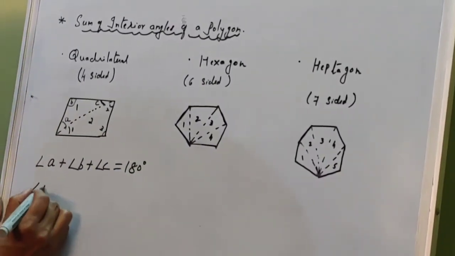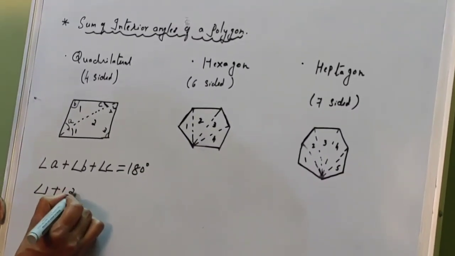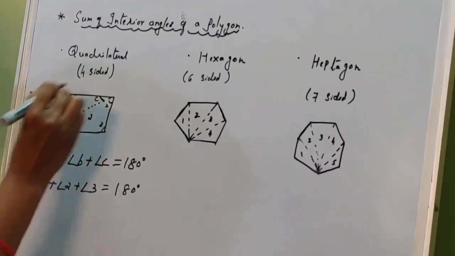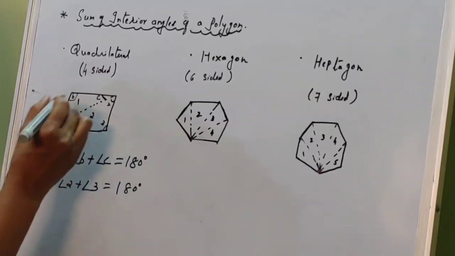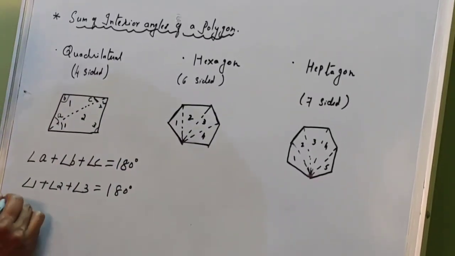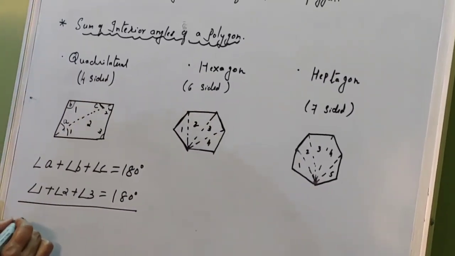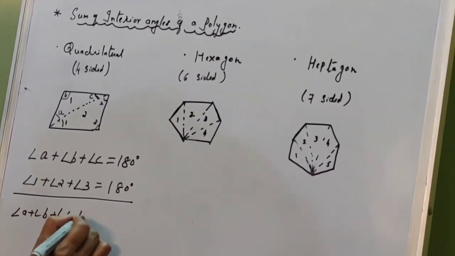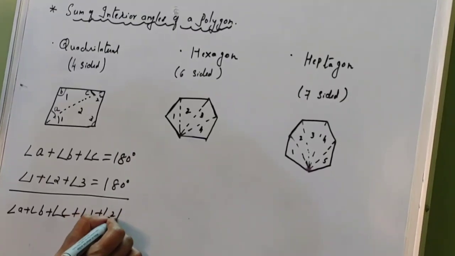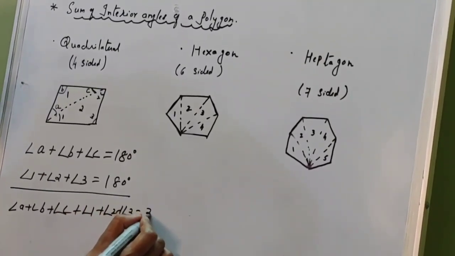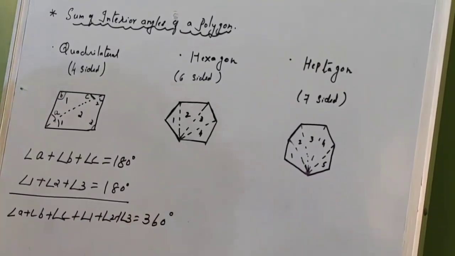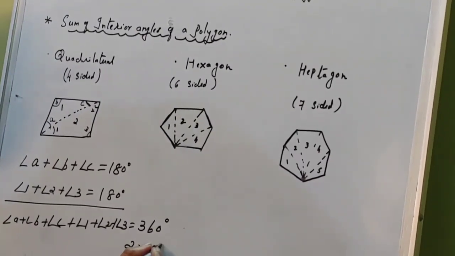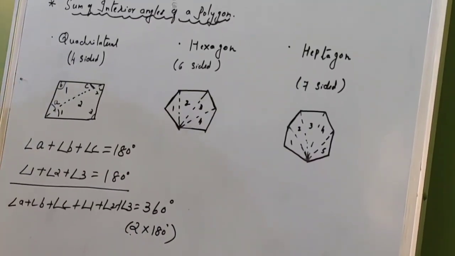So we have angle 1 plus angle 2 plus angle 3 is 180 degrees. When I add up all these, they form the interior angles of the quadrilateral, and the sum will be A plus B plus C plus angle 1 plus angle 2 plus angle 3 equal to 360 degrees, or I can say it is 2 into 180 degrees.